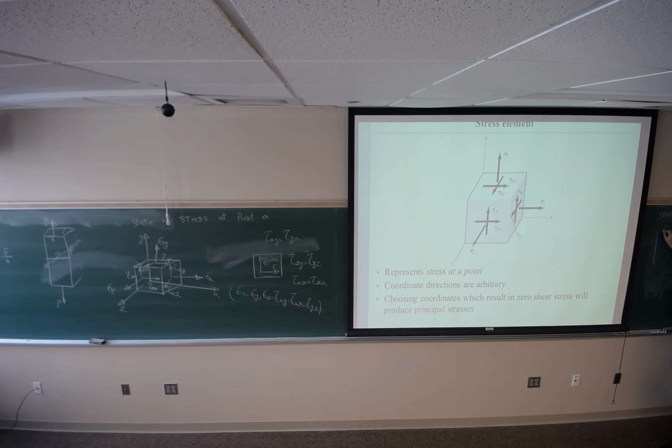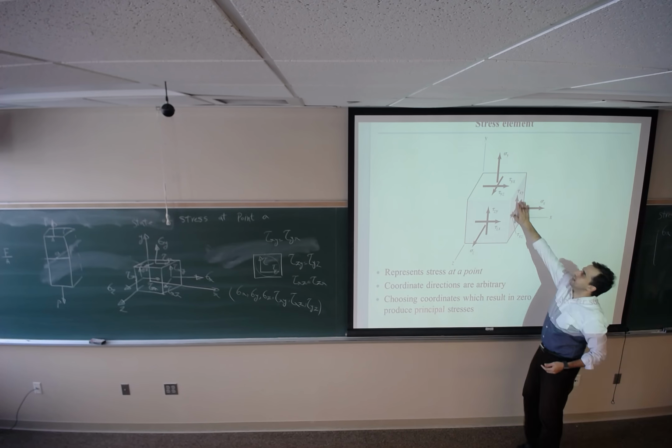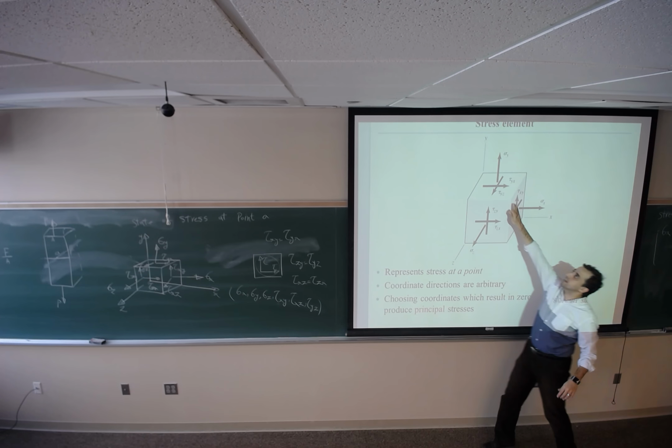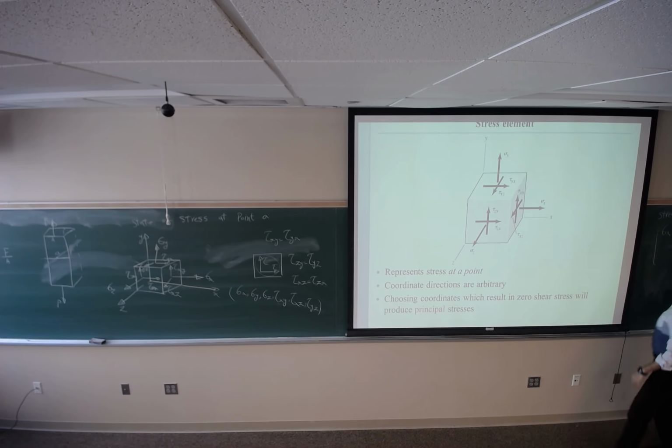The first row is representing the x plane. Sigma x, tau xy, tau xz. Second row representing the y plane. Sigma y is going here. Tau yx, which is equal to tau xy, so I'm just writing tau xy. And tau yz.